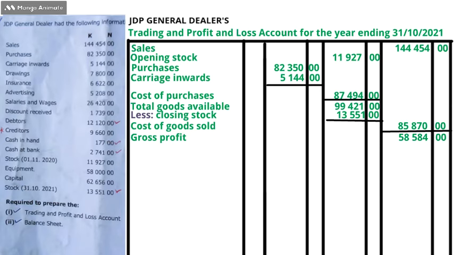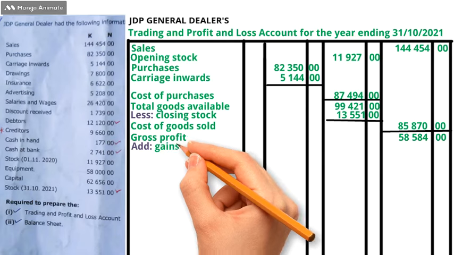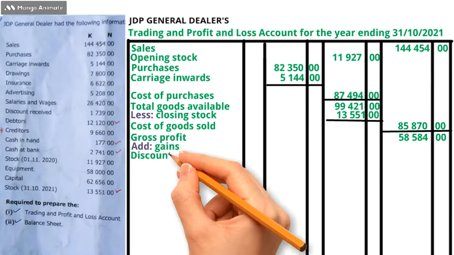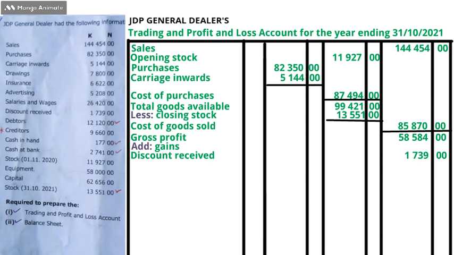After that, we add the gains. The gain is discount received, which is 1,739. So we add that to the gross profit.